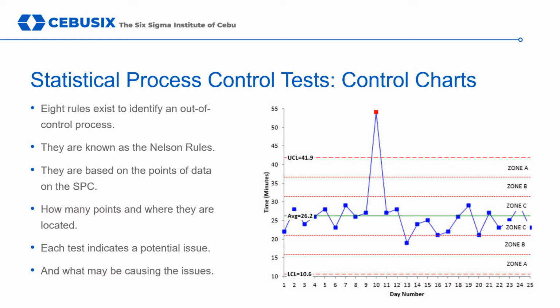The rules are applied to a control chart on which the magnitude of some variable is plotted against time. The rules are based on the mean value and the standard deviation of the samples. They are used to identify an out-of-control process and are based on the points of data on the control chart. The test may indicate a potential issue depending on how many points, where they are located, and what they appear to be doing. They may also point to what may be causing the actual problem.